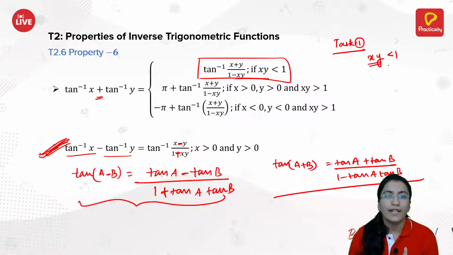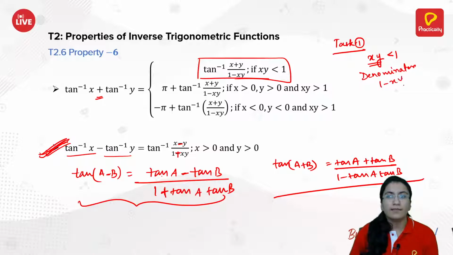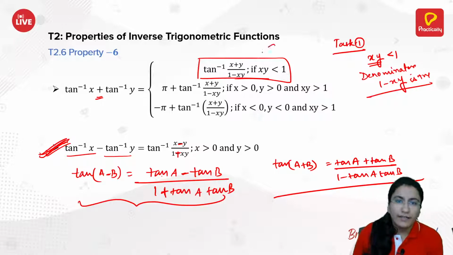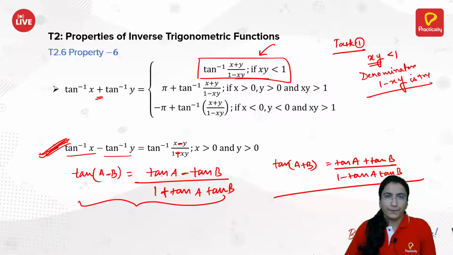If x into y is less than 1, that means your denominator, which is 1 minus xy, is positive. So if the denominator is positive, write the result as it is. That's it. How you need to remember: if x into y is less than 1, your denominator is positive, and if the denominator is positive, write the result as it is.